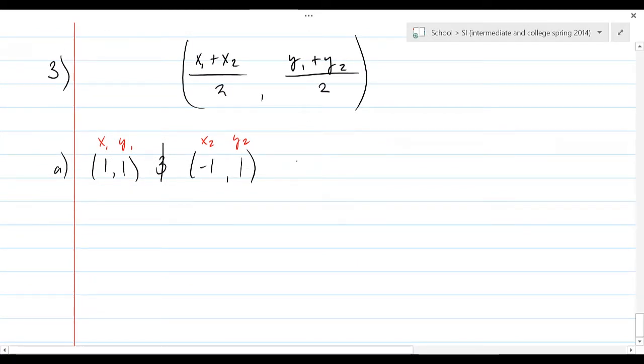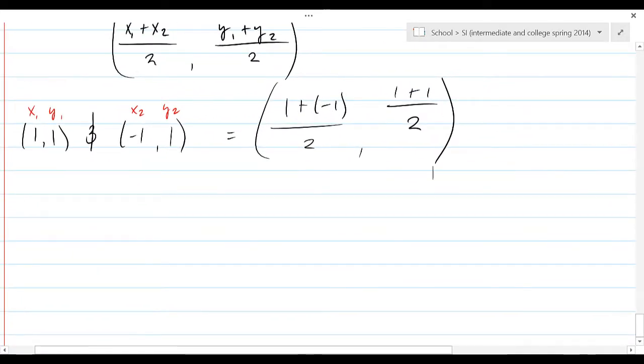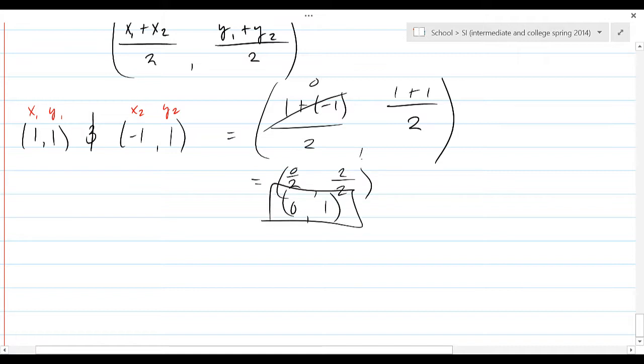We've got 1 plus negative 1 over 2, comma, 1 plus 1 over 2. What is 1 plus negative 1? 0. So we've got 0 over 2, comma, 1 plus 1 is 2, 2 over 2. Or, 0 divided by 2 is 0, 2 divided by 2 is 1. 0, comma 1. Midpoint.